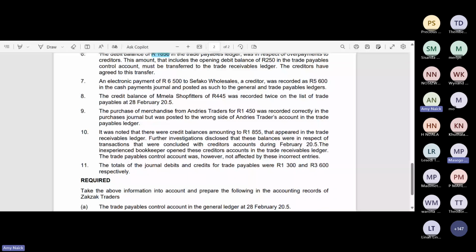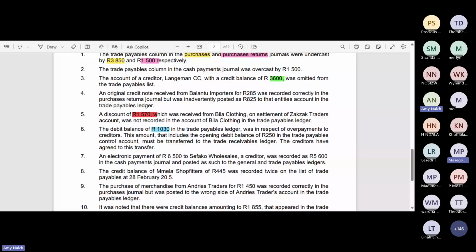I don't know if I'm correct. So this is the debit balance in the trade payables ledger. Was it related to this debit balance? Generally, if it was an overpayment, you'd look at it like that. But because it's making reference to the debit balance, remember the debit balance is talking to all the reductions. Are you following? Yeah, makes sense. Thanks. Okay, cool.